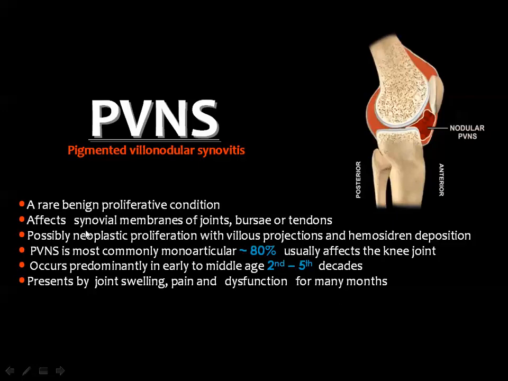And as I have mentioned, in the view of many it has a neoplastic background with villous projections in the joint containing hemosiderin deposition. It is a monoarticular disease, and in around 80% of the cases, it affects the knee joint.